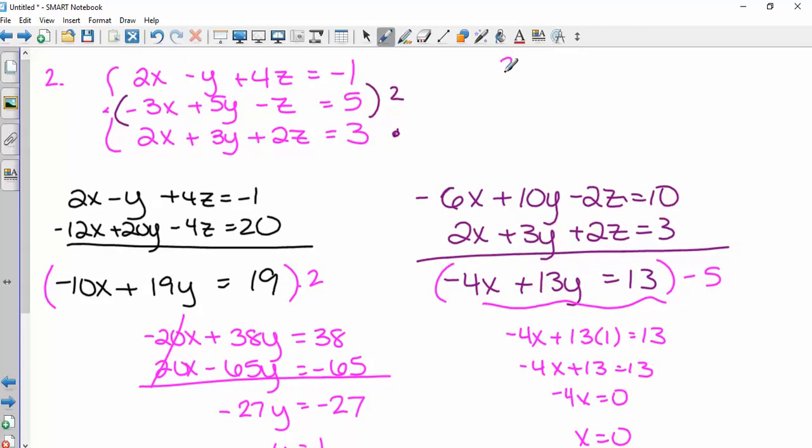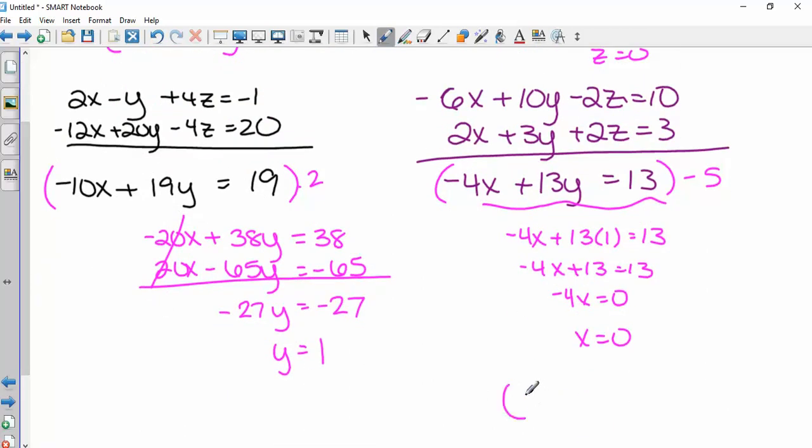If I just did the first, we get negative 1 plus 4z equals negative 1. 4z equals 0, so z is 0. So x is 0, y is 1, and z is 0.